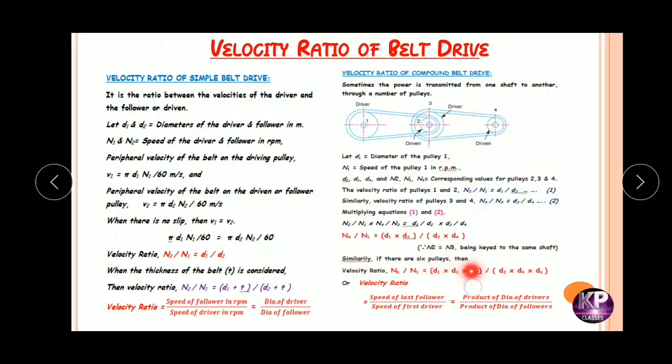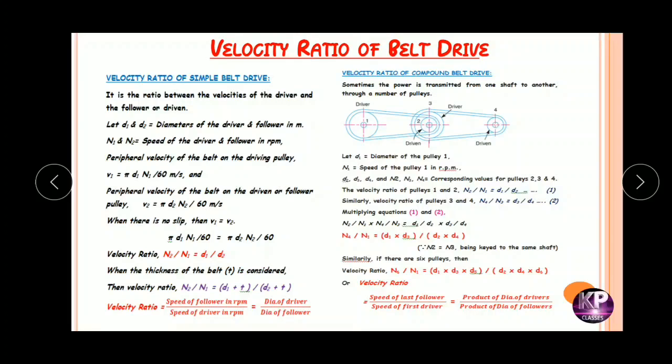Similarly, if there are 6 pulleys, that means another set of driver and follower are there, pulleys 4 and 5 are keyed to the same shaft. In that case, n6 by n1 equal to d1 into d3 into d5 upon d2 into d4 into d6.